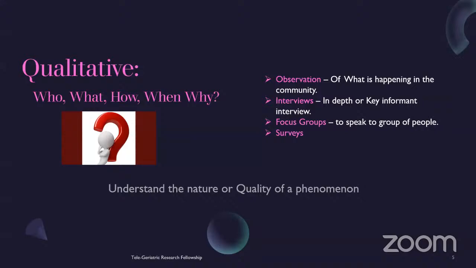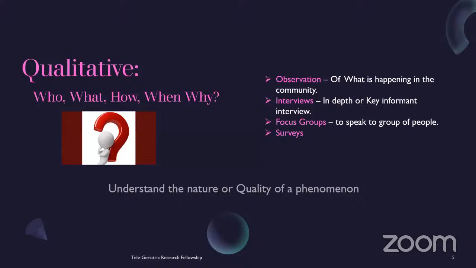So these can be observational, or you can do interviews, you can have focus groups, or we can even do surveys. In the sense of observation, we mean observing what is happening in the community. Just look through the community, get the data, and observe. For interviews, we are going to form questionnaires, and we are going in depth, or do key informant interviews.